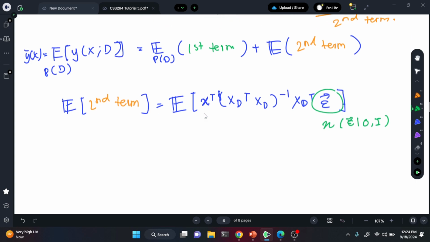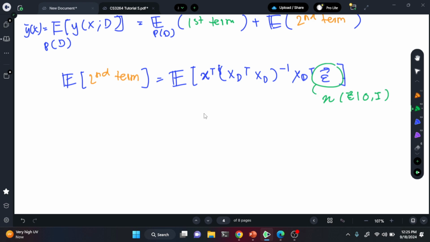So this epsilon follows this Gaussian distribution. Thus, the next question is, can I say that this epsilon is independent of this? This epsilon doesn't depend on any part of your x, right? It's noise that depends on how it is distributed, modeled by the Gaussian distribution. So this epsilon is independent from the first term.